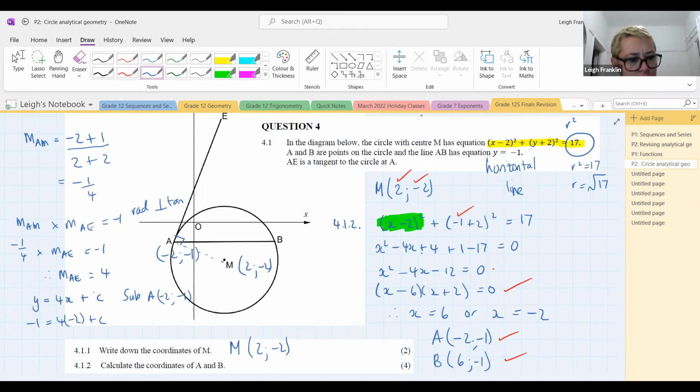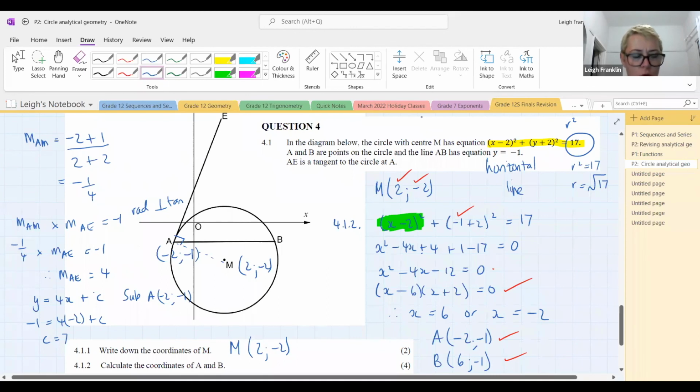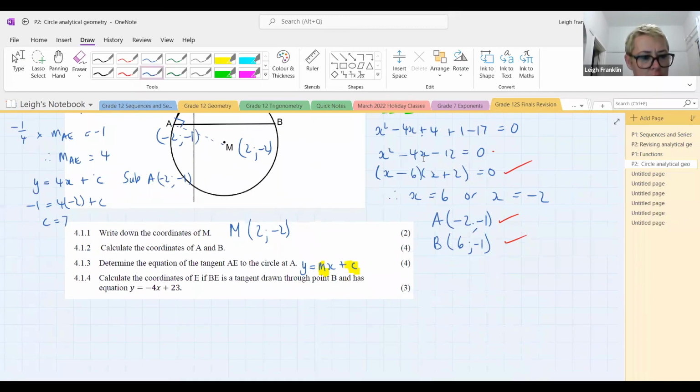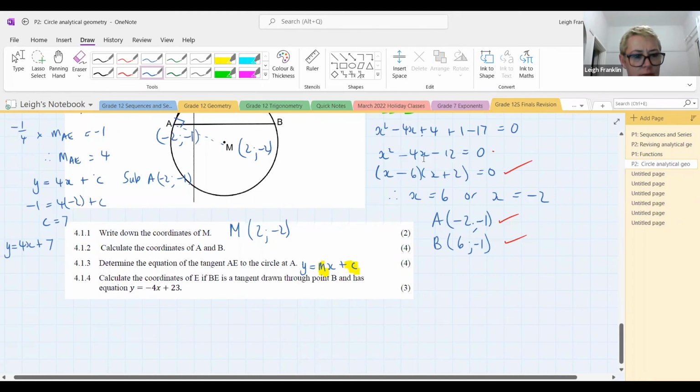So what are you guys getting as a value for c? Seven. Good job. Okay, so in other words, the equation of AE is the line y equals 4x plus 7.